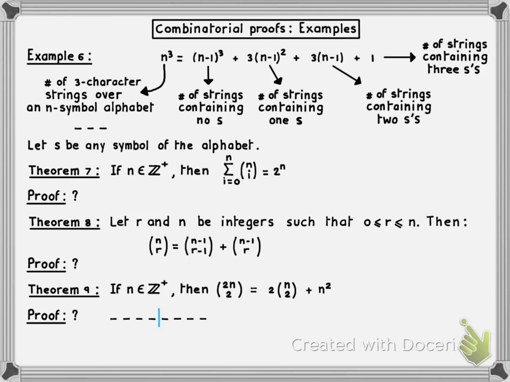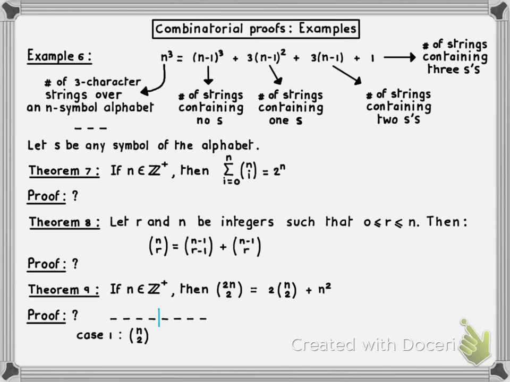And now we can split the total number of subsets of 2 positions into several cases. The first case is if the 2 positions we choose are on the left-hand side of that separation. In other words, in the first half of the string. So that's case 1. How many ways do we have to choose 2 positions out of a set of n positions? Well, the answer is n choose 2.